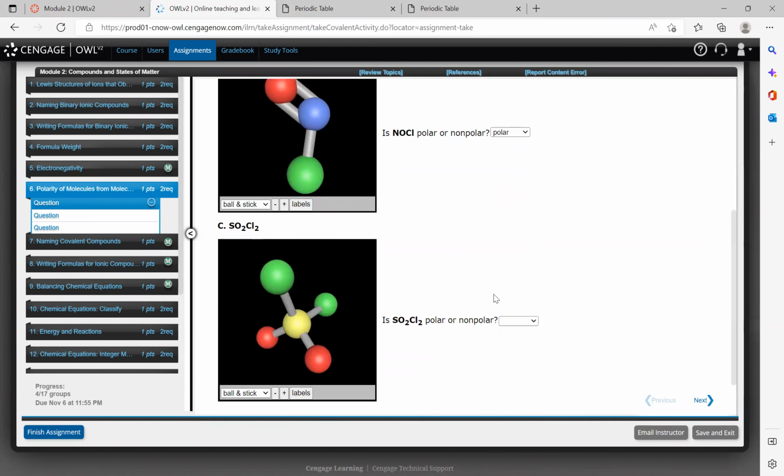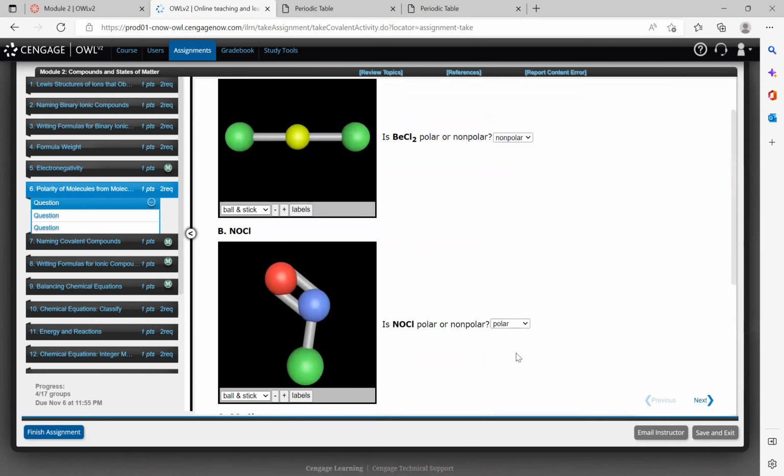And then down here, we look at SO2Cl2. It shows the sulfur in the middle, with 2 oxygen and 2 chlorine. Again, same thing as before: because there's this affinity for electrons pulling in opposite directions, they're going to balance each other out, so this is going to end up being nonpolar.